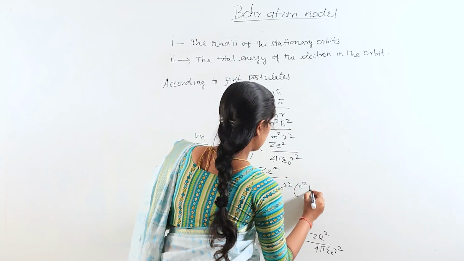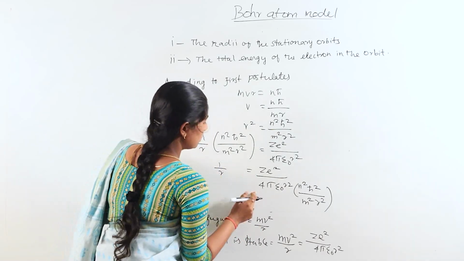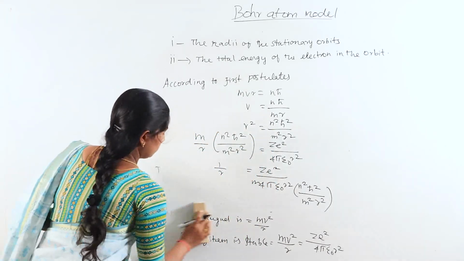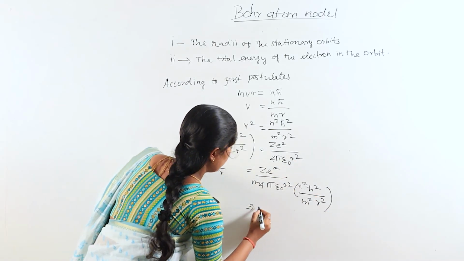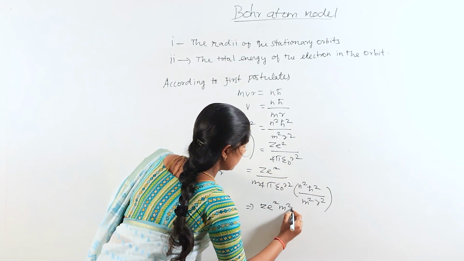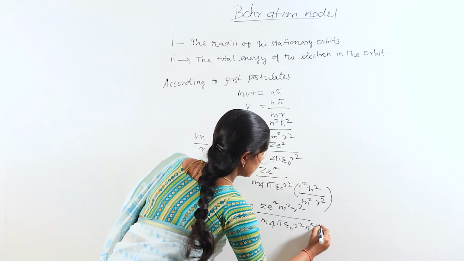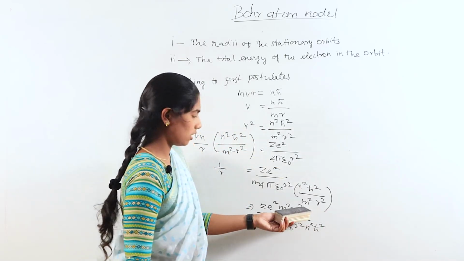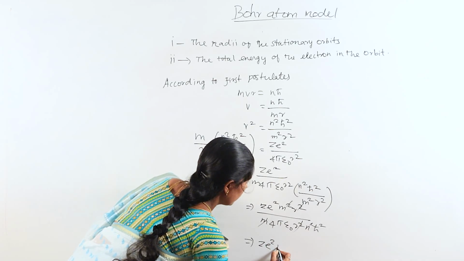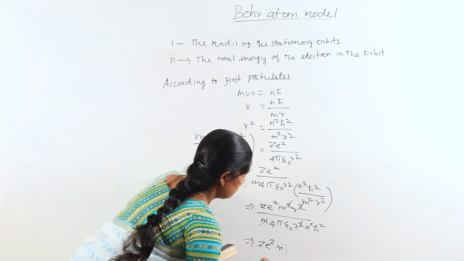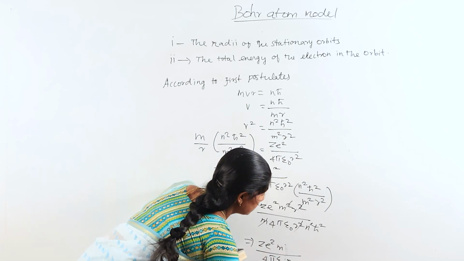Our ultimate aim is to find the radii of the stationary orbits, so we need only the term of r. I keep r here and take the remaining terms to the right hand side. Here r square is there and here also r square is there, and m is there, so I cancel these terms. Finally we get 1 by r equal to Z e square m divided by 4 pi epsilon naught n square h cross square.